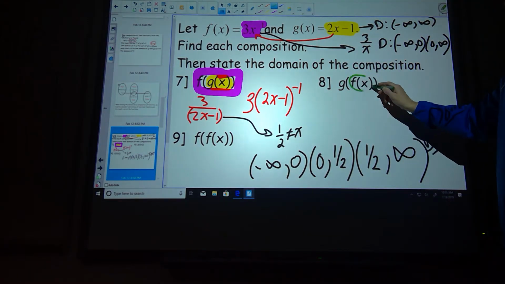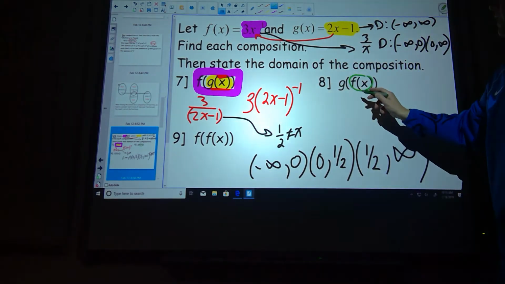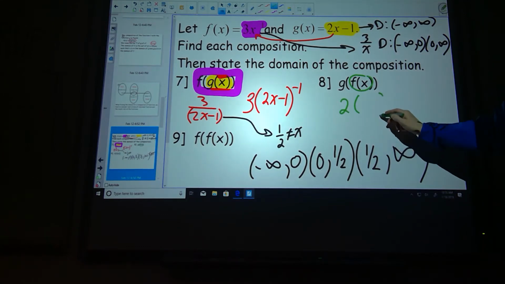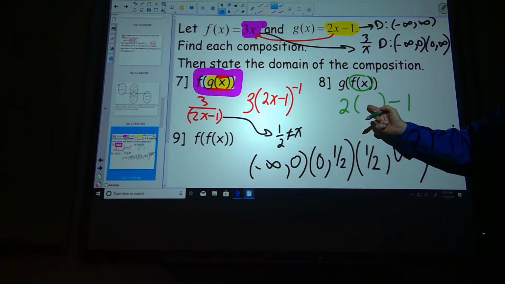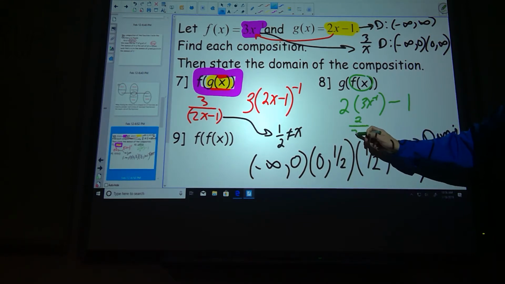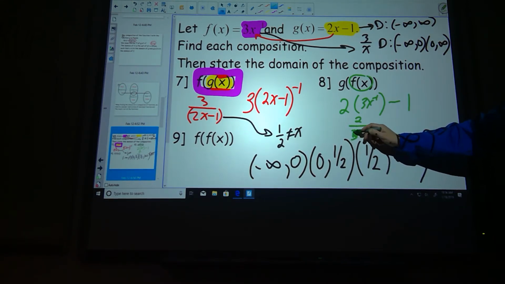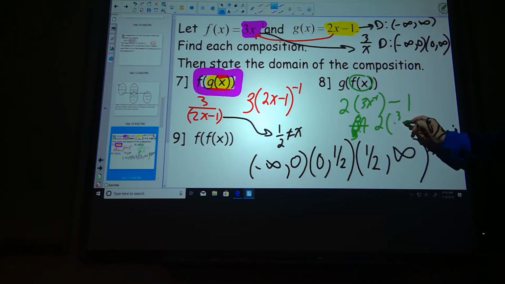I'm going to take f at x, so I'm going to take 3x minus 1 and plug it in for x. So I have 2 parentheses minus 1. I had an x here originally in my yellow. What goes here? 3x to the negative 1, which is the same thing as 2 times 3 over x minus 1.